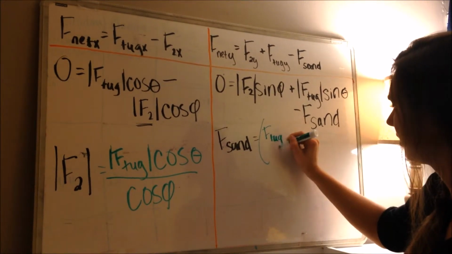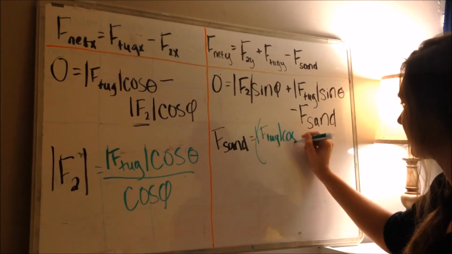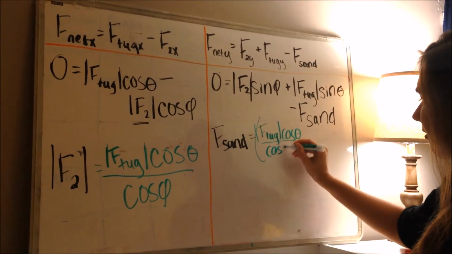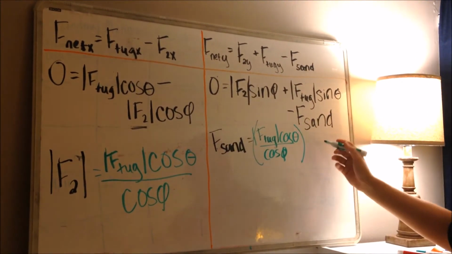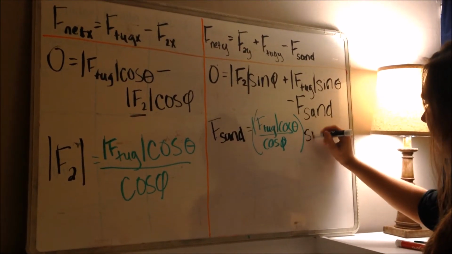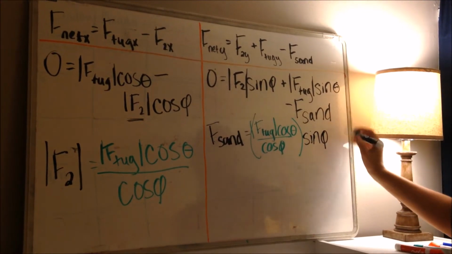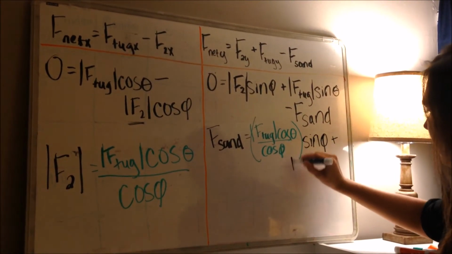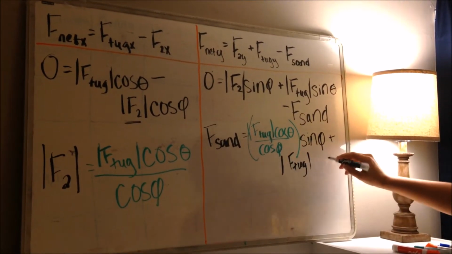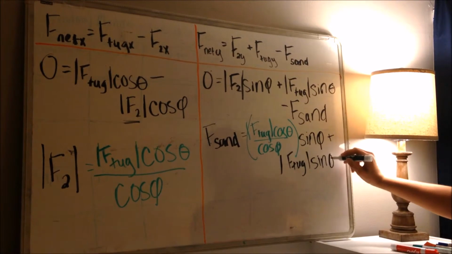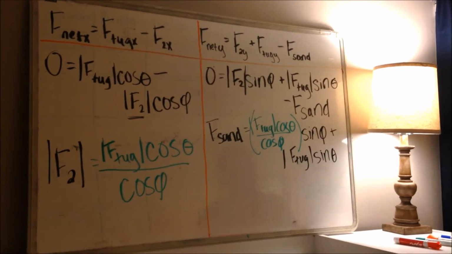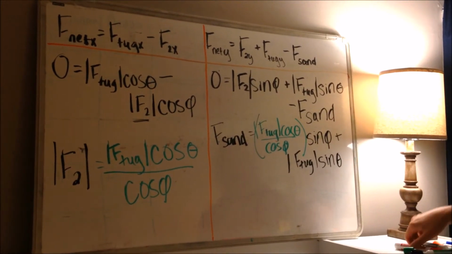So F tug, magnitude, cosine theta over cosine phi times the sine of phi plus F tug, the magnitude of that, sine theta. Now that's a pretty convoluted thing, so we're going to simplify that before we say it's our final answer.